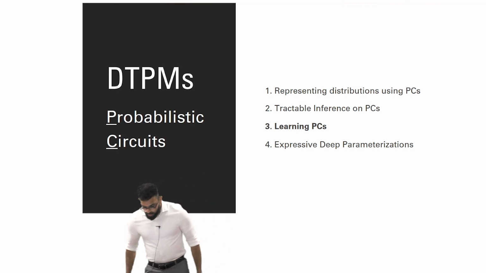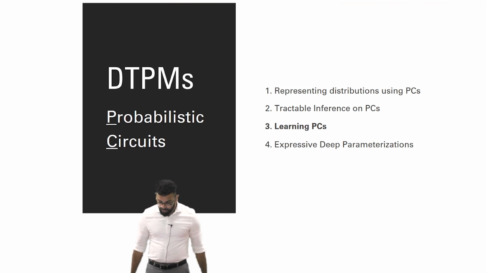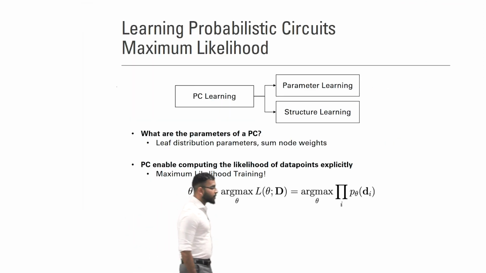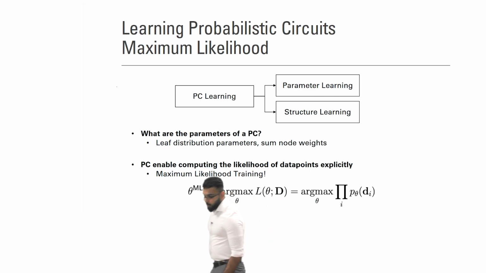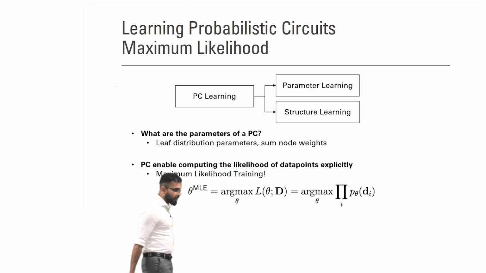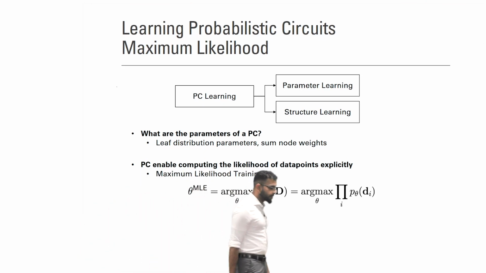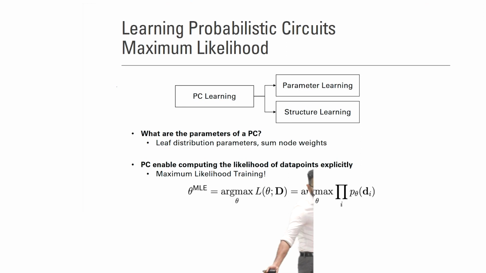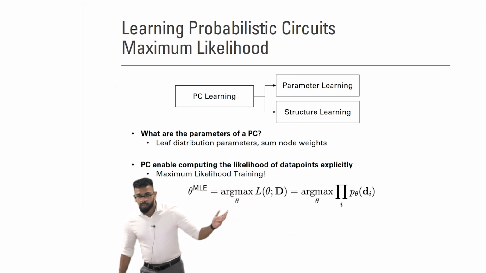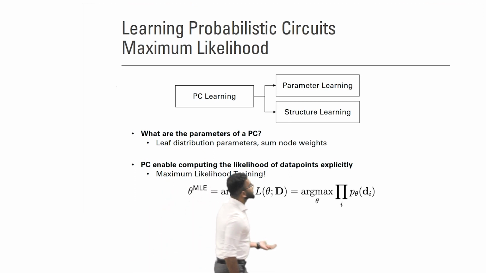All right. Now let's come to learning. So we haven't yet talked about how you learn these models, right? So just like how he was explaining yesterday, when you think of a model like a PC, there are 2 things, right? You have the parameters that are associated. What are the parameters that you learn in a PC? They are the weights of the sum nodes and the leaf distribution parameters, right?